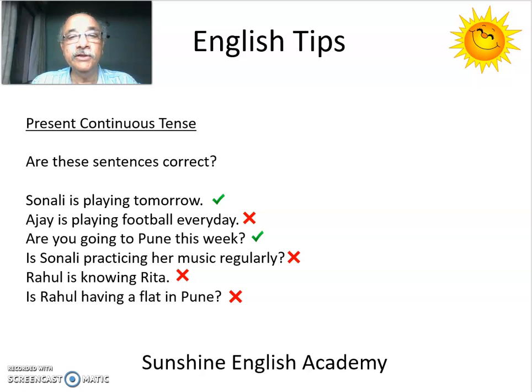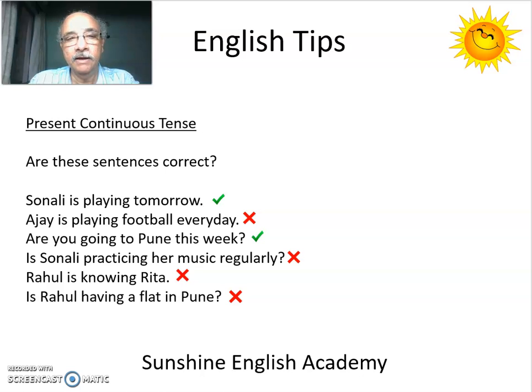Other adverbs of frequency are words like sometimes, once in a while, rarely, etc. When we have these adverbs of frequency, then we have to use the simple present tense. So our sentence would be Ajay plays football every day.